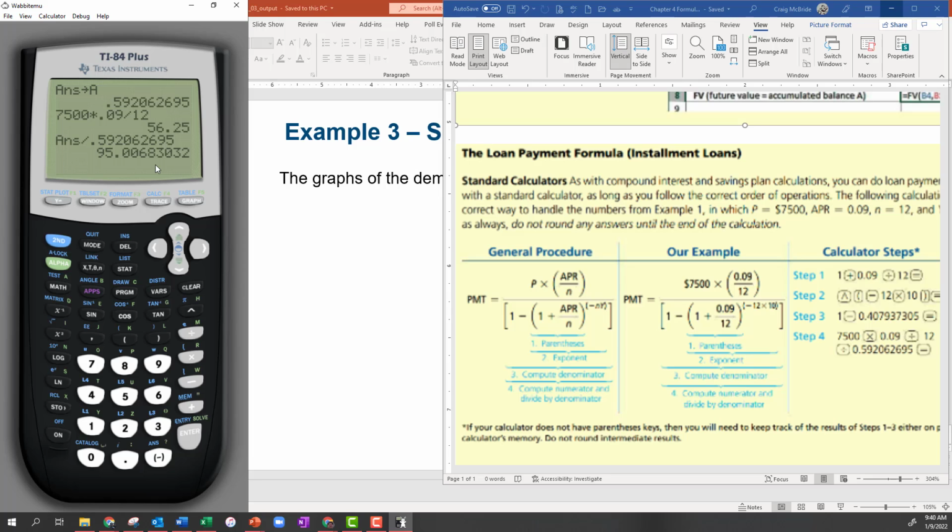Big pain in the butt, but it can be done. If you don't know how to store and recall, then you could do this bottom, like we did, and get this big long decimal, and then write that big long decimal down. Then do the top, get the 56.25, and then literally just type in, divide by, and write in this big old decimal. What's going to happen is maybe this last number down here might be different, right?